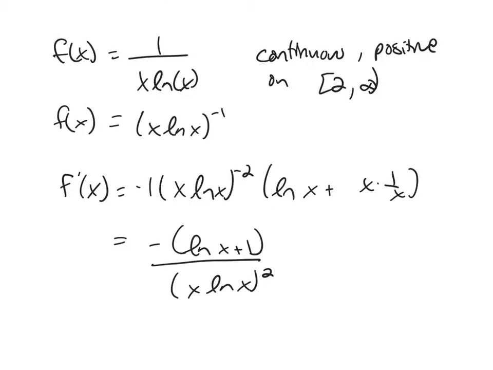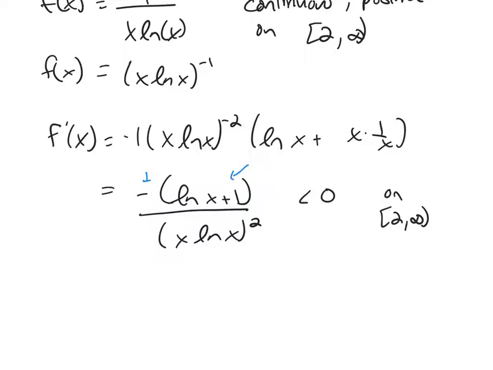The denominator is positive because it's a square. The numerator, the inside part in the parentheses will always be positive, so there's this minus sign out in front, which means this is going to be less than 0 on your interval 2 to infinity. If your derivative is less than 0, it means your function is decreasing.